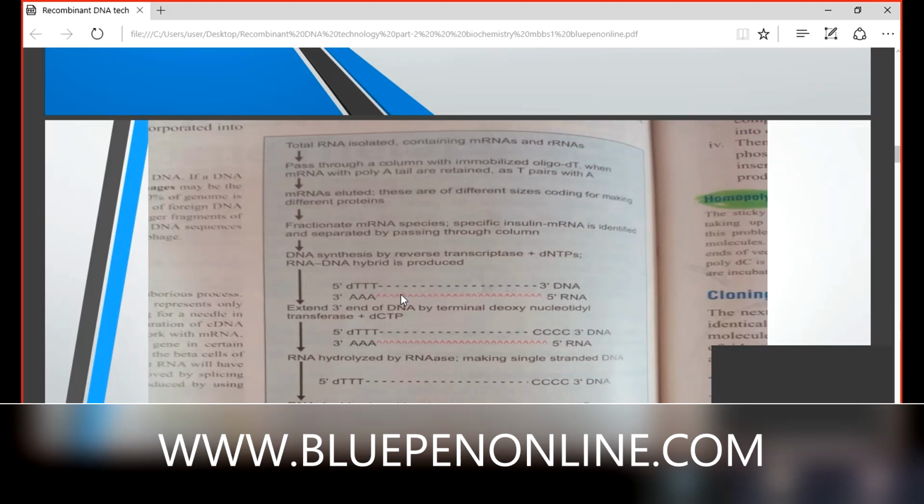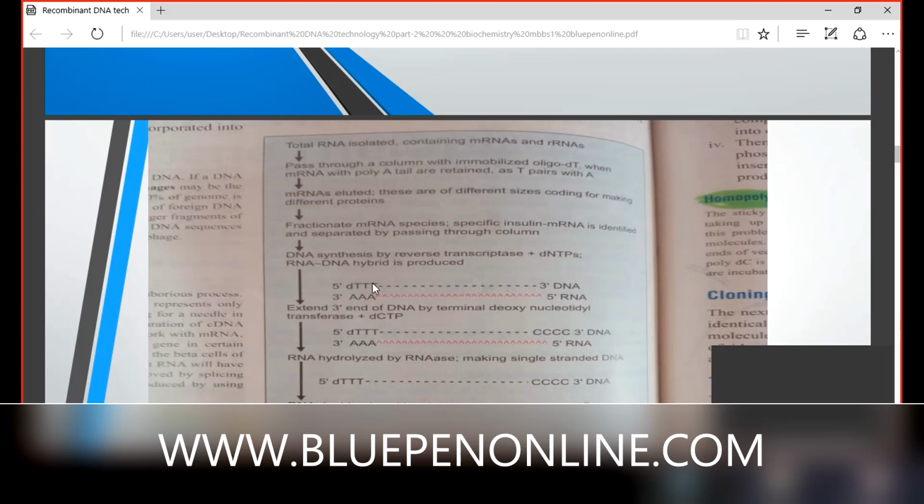Then we fractionate mRNA, which are of different sizes, coding for making different proteins. So we can fractionate these mRNA pieces and isolate the specific insulin mRNA.